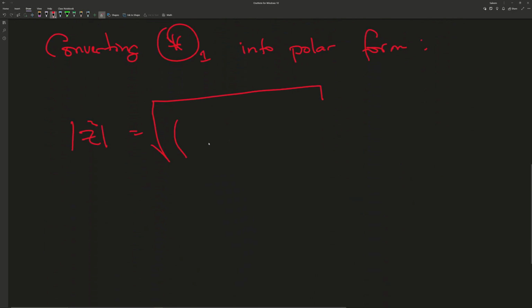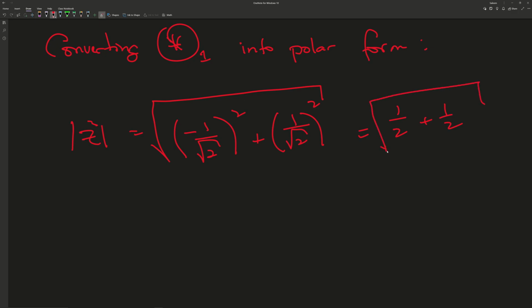So that is negative 1 upon root 2 squared plus 1 upon root 2 squared, which is the same thing as a half plus a half, of course, all square rooted. A half and a half is 1. So the square root of 1 is 1. So this is what we have.